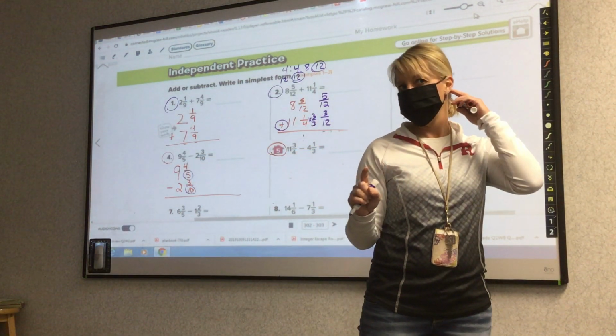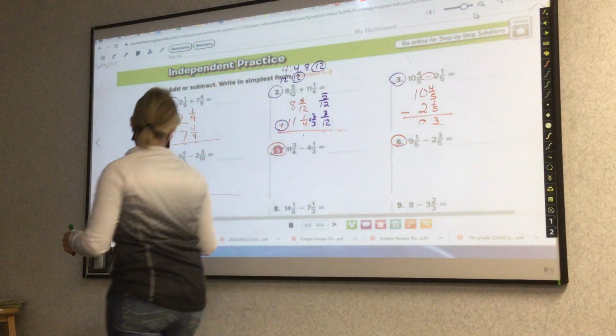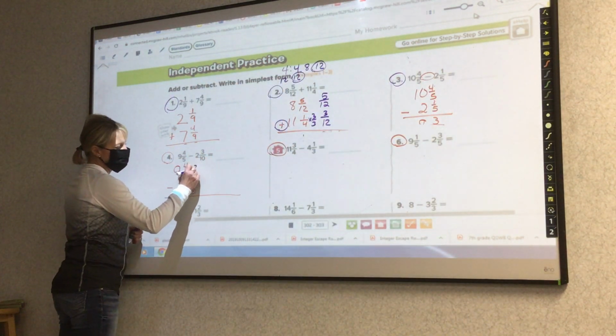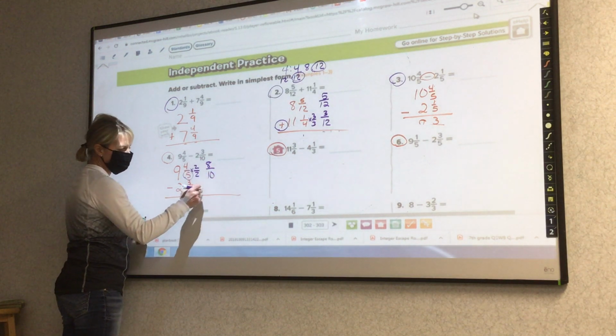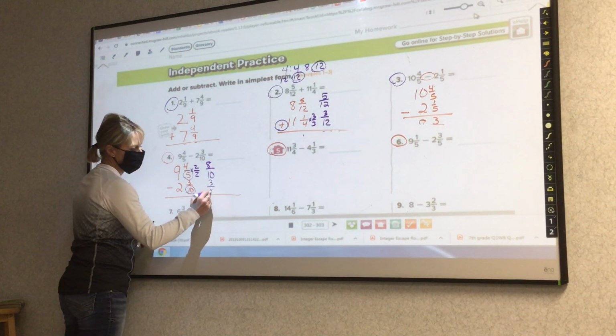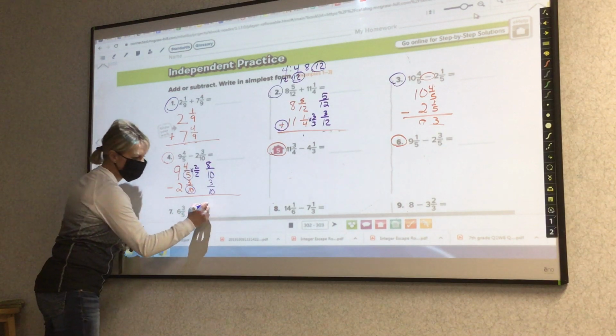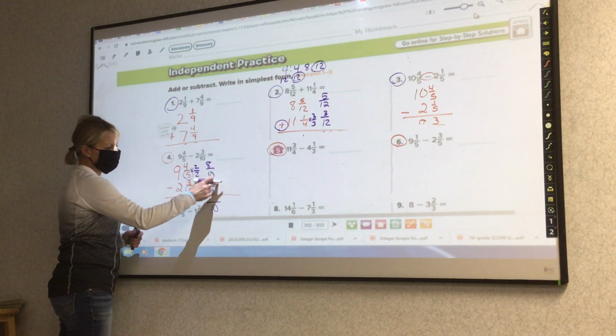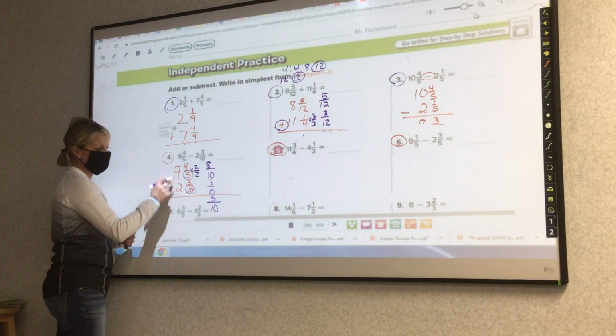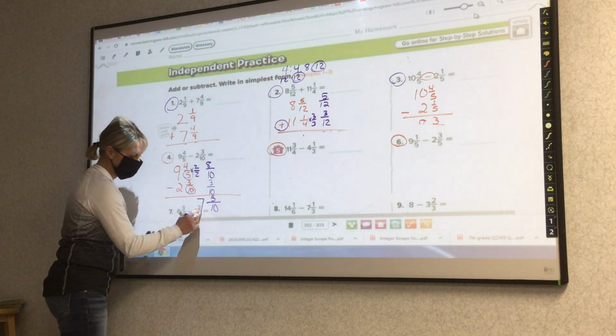Yeah, let's use 10 instead. So I multiply this by 2 over 2 and I get 8 tenths, and I just keep my 3 tenths. So tenths is my denominator, 8, and then subtraction. 8 minus 3 is 5. 9 minus 2 is 7.